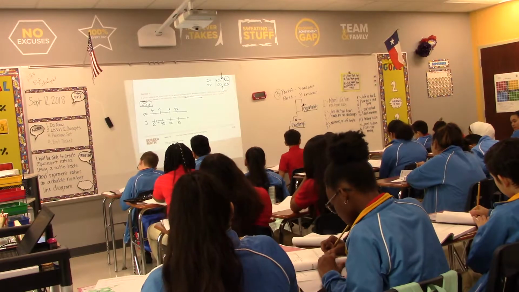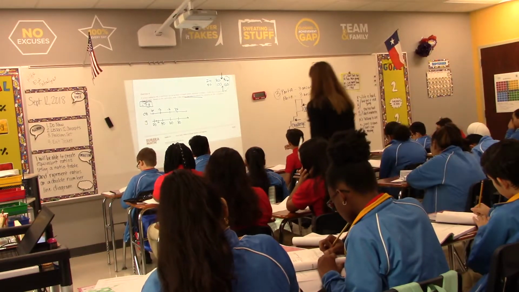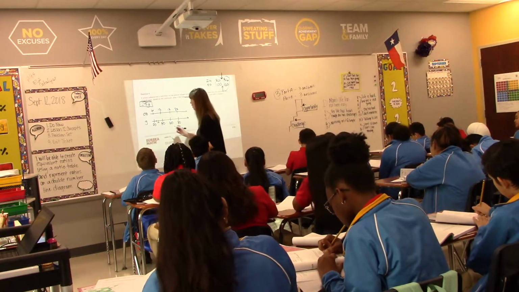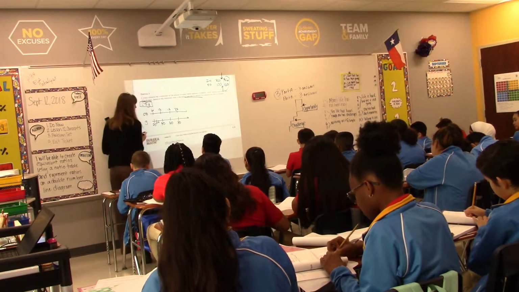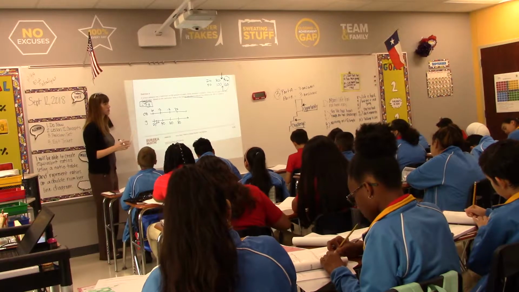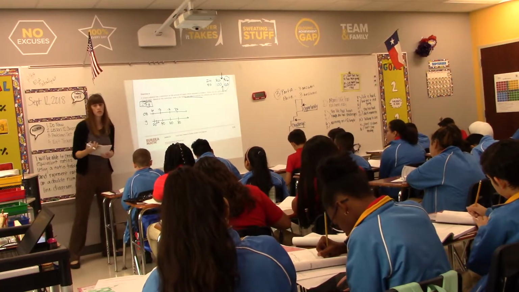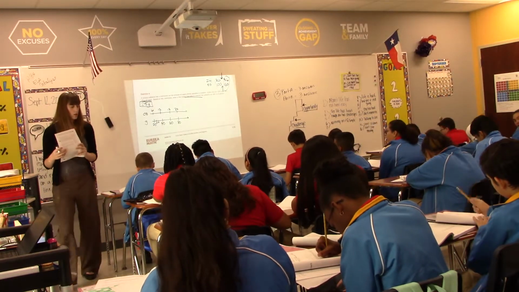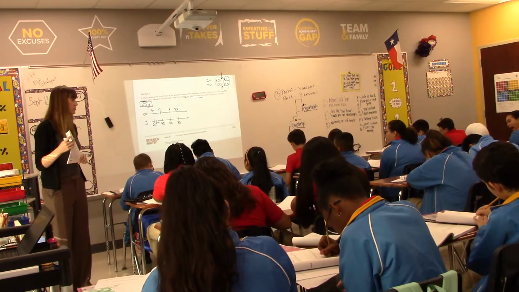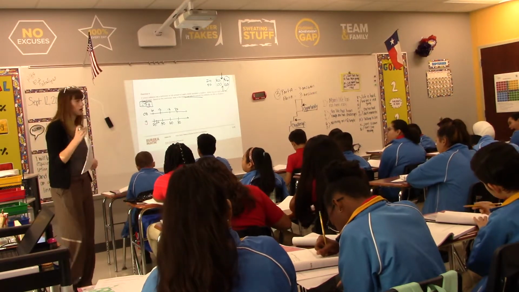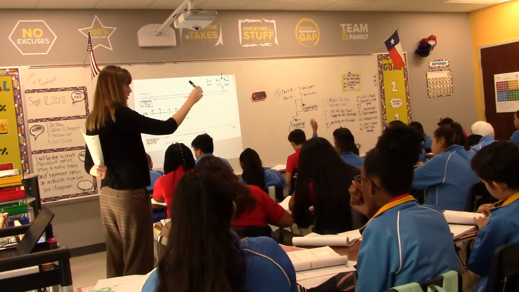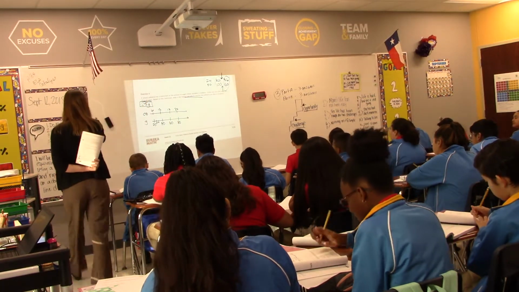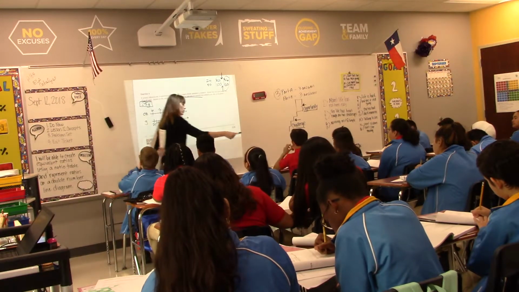Okay, so if 25 is right here in between 20 and 30, where can we find the answer for how many ounces of cola has 25 grams of sugar? Where can I find that? Raise your hand if you can show me on the whiteboard. Jesslyn, find it for me.